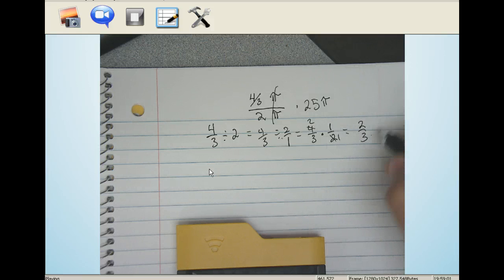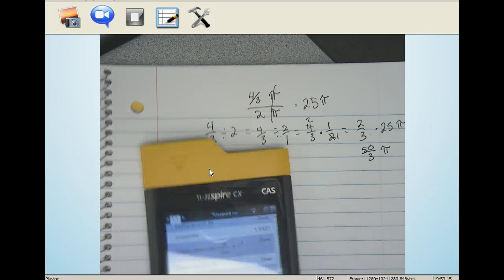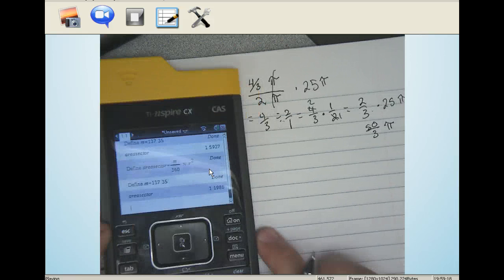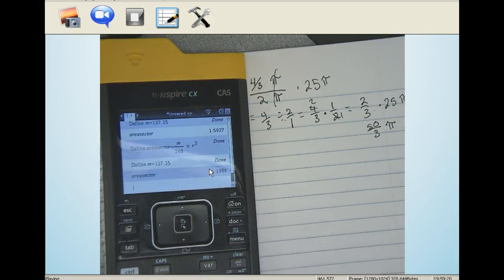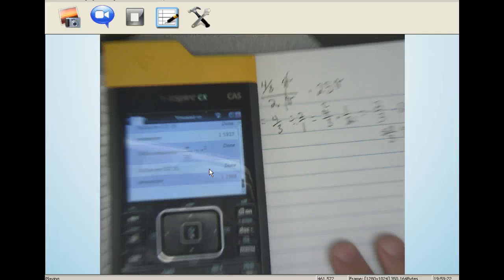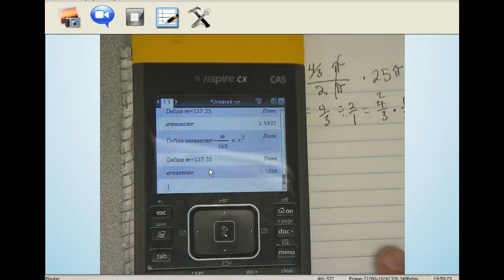So I would say, what is 2/3 times 25 pi? Well, that's going to be 25 times 2 is 50/3 pi. Now I can put this in my calculator that same way I originally put it in, and instead of working it all out by hand, I can put it in like this. Let's zoom in there a little bit.